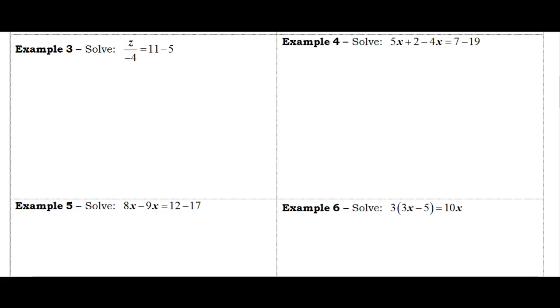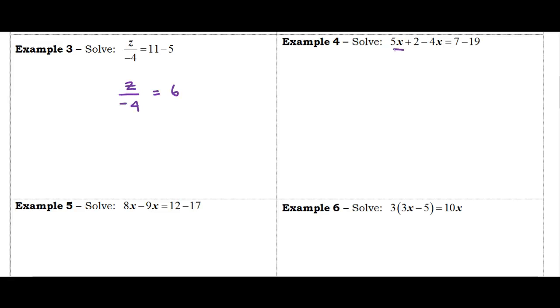On the left-hand side, we're in example 3, z over -4 is already simplified, right? But the right-hand side, what is 11 minus 5? 6. Okay, so that's simplifying. Let me jump over to example 4 and simplify that as well.